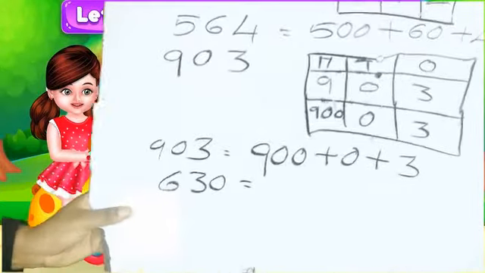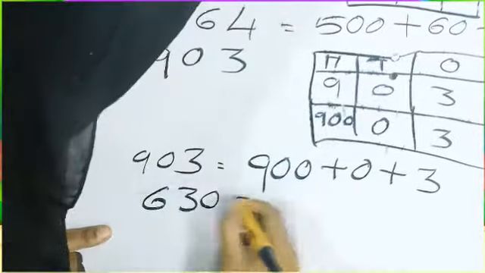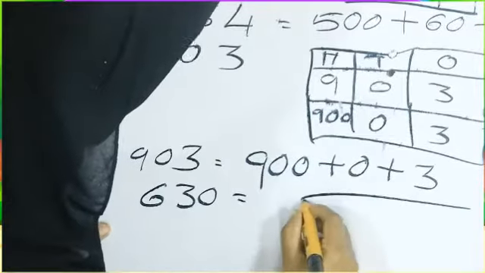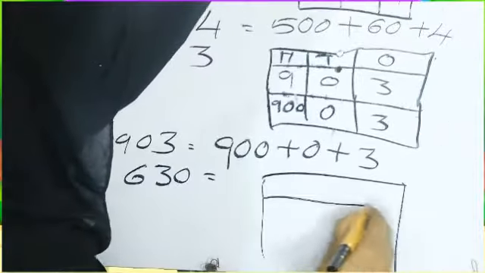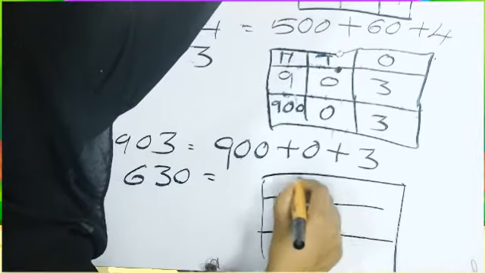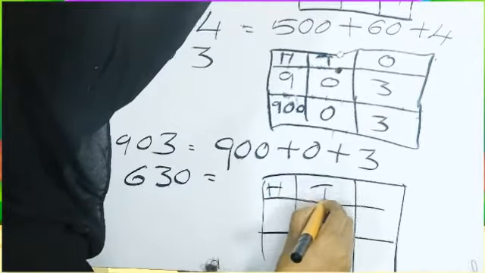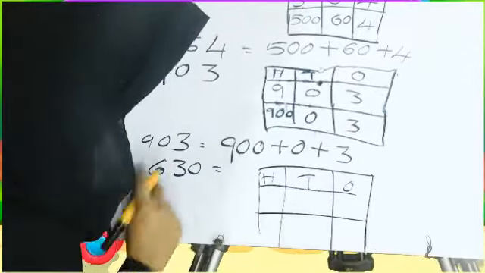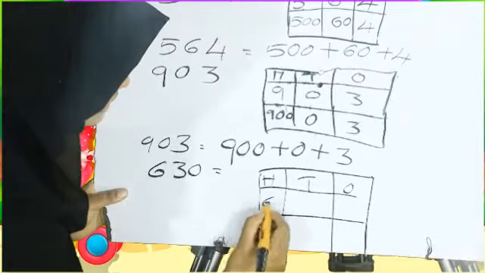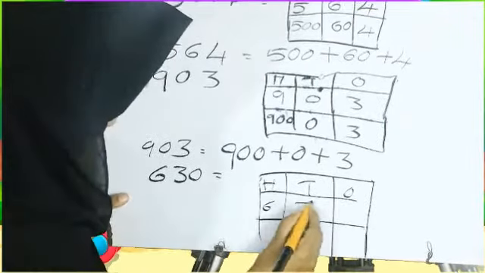Again another example. 630. How can we write this? Hundreds, tens, ones. How many hundreds here? 600. How many tens? 3 tens.